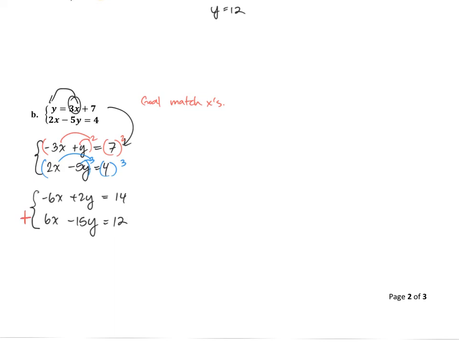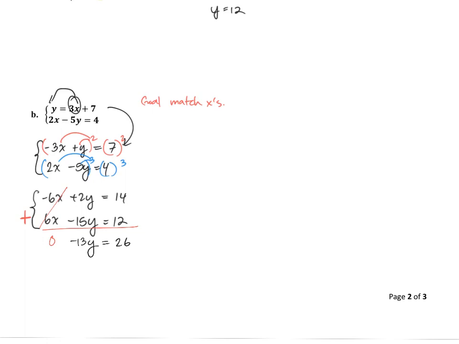Remember, our goal is to cancel the x's. So negative 6x plus 6x is going to be 0. And then 2y minus 15y is going to be negative 13y equals 14 plus 12, which is 26.